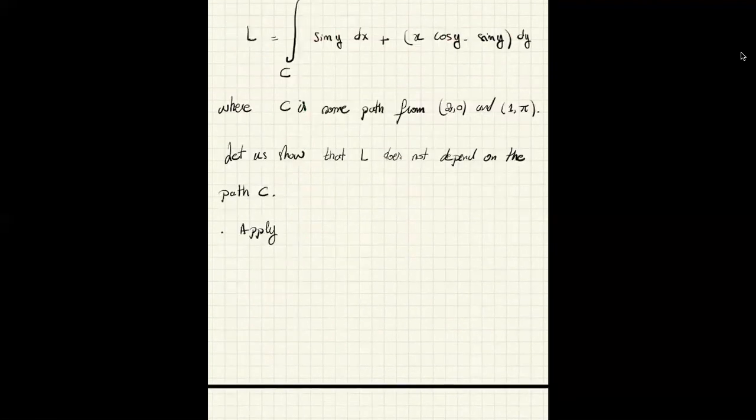Apply the conservative theorem to the region. You have to give the region, because if the region has holes, you cannot apply it. To the region R2, or some big circle that contains your curve, because what you want to show is if it's conservative. So you need conservative where?